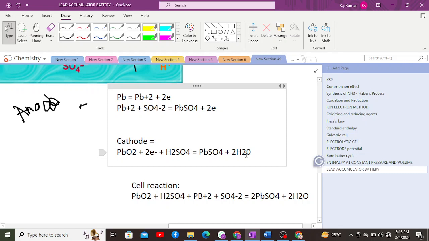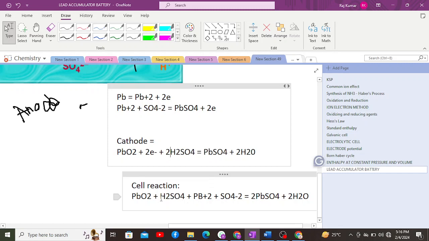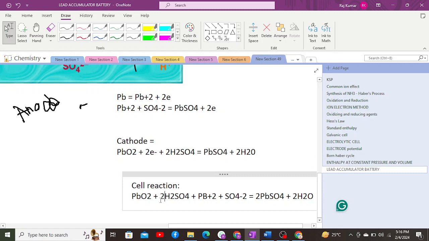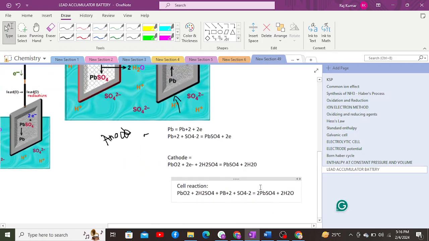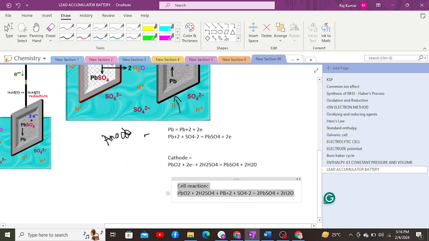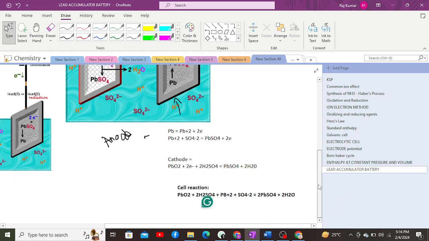So two to the four proton. There will be two sulfuric acid molecules, as well as two sulfuric acid molecules. So this is the overall equation which is finalized over here, and this is how we calculate the reaction.